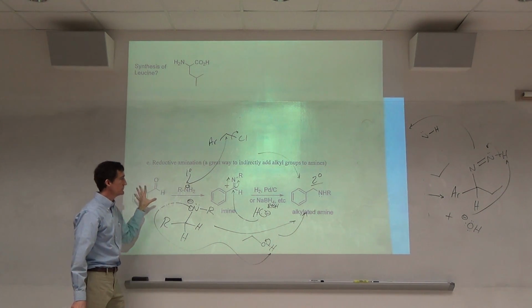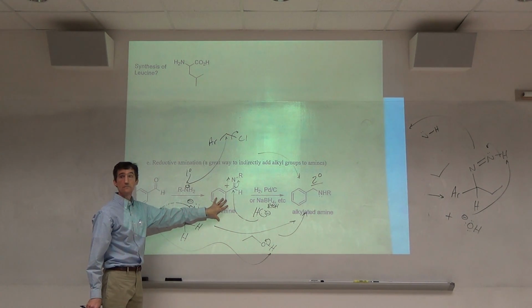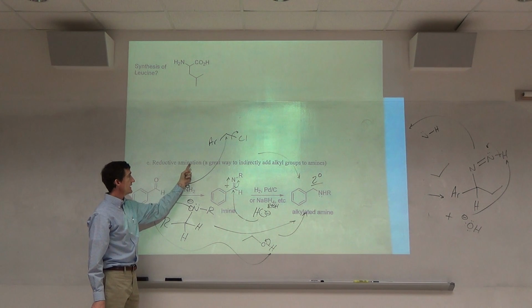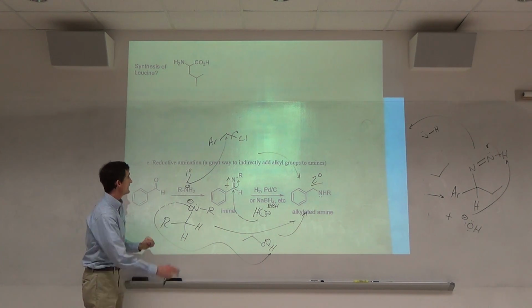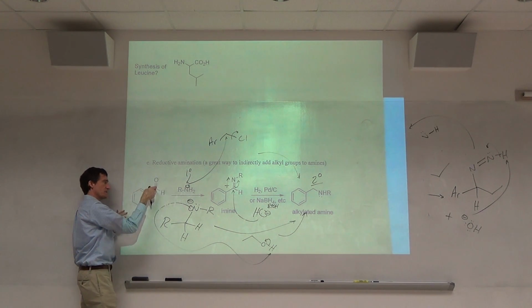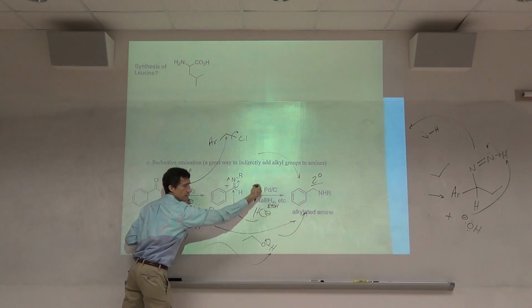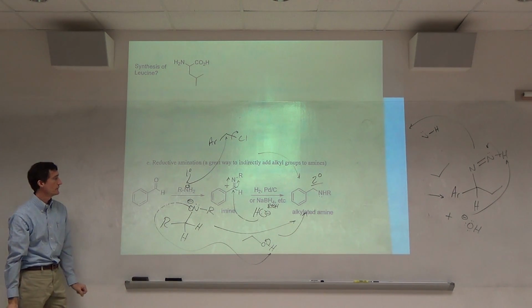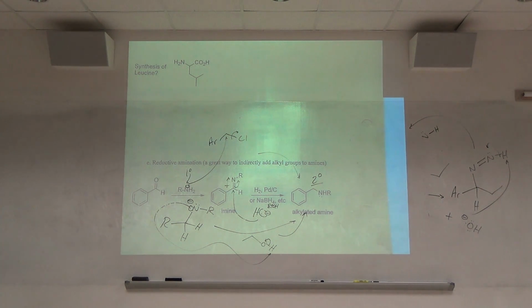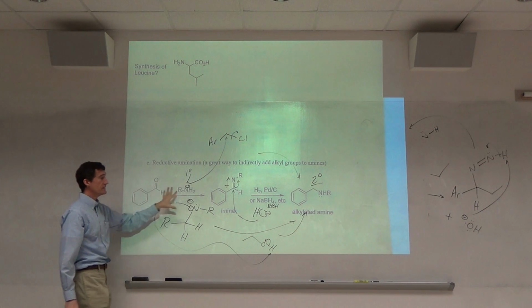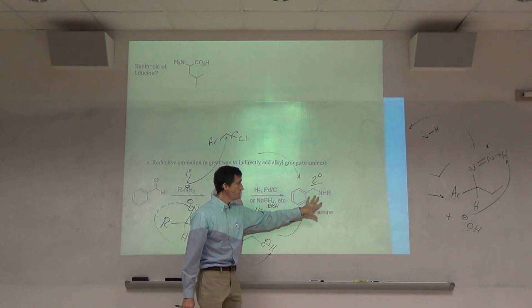It's a much higher yielding two-step process called what? Reductive amination. Now this term actually applies to this portion, because this portion gets aminated, and there's a reduction along the way. Essentially, you make an imine, then you reduce it to the amine.